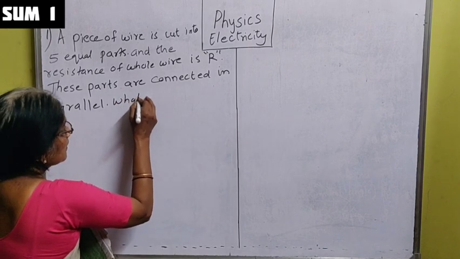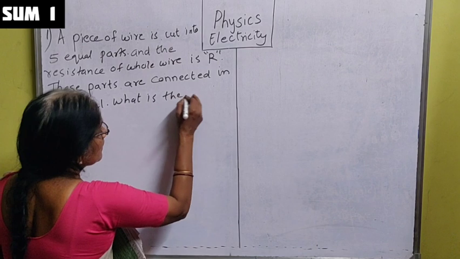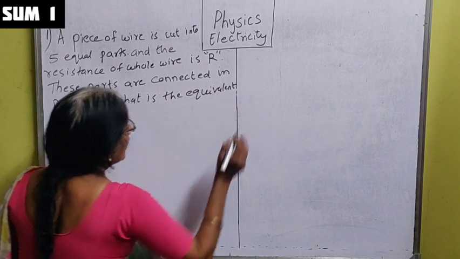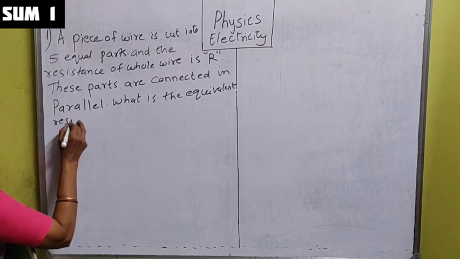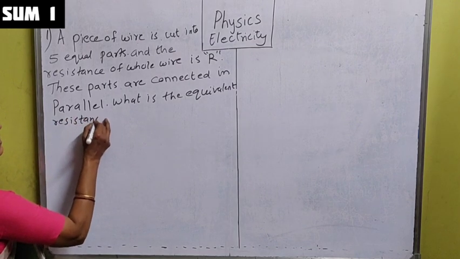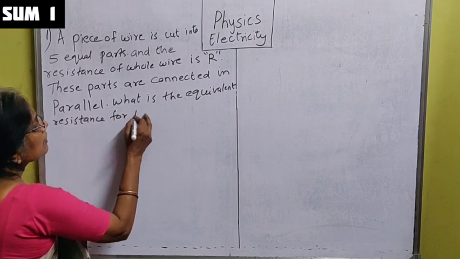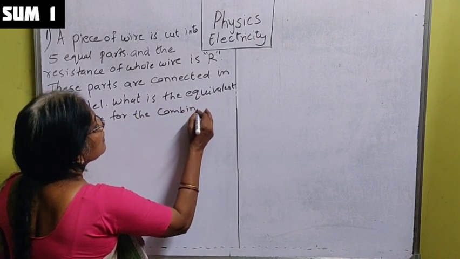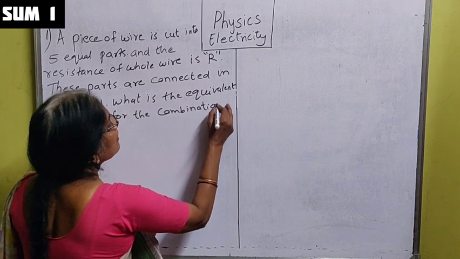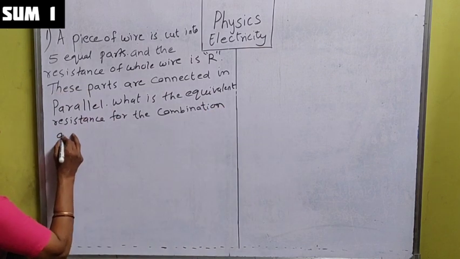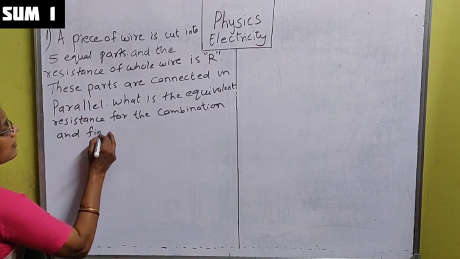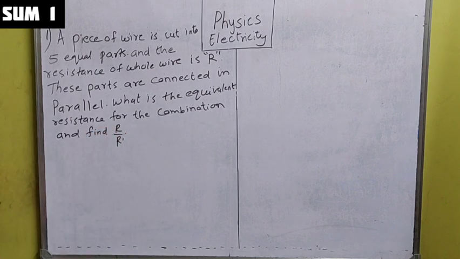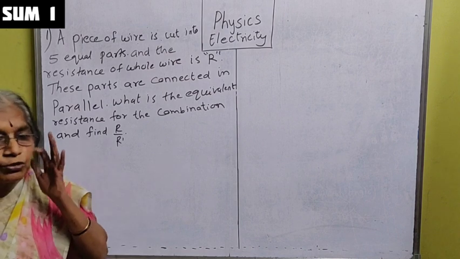What is the equivalent resistance for the combination, and find R by R dash. This is an MCQ question.